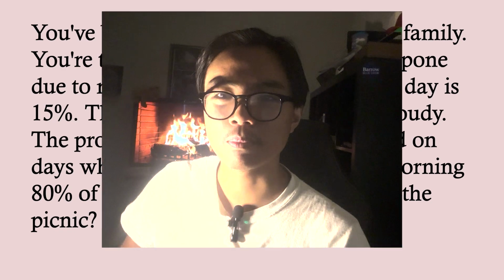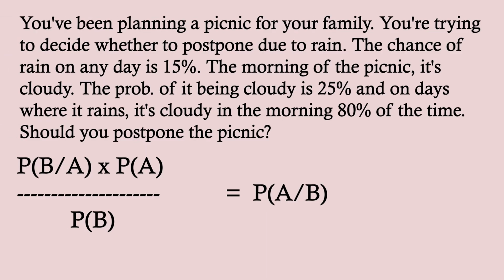But let's find the prior probability and the likelihood. The prior probability, which is cloudy in the morning 80% of the time, that is the prior probability. And the probability of rain, that is the likelihood.